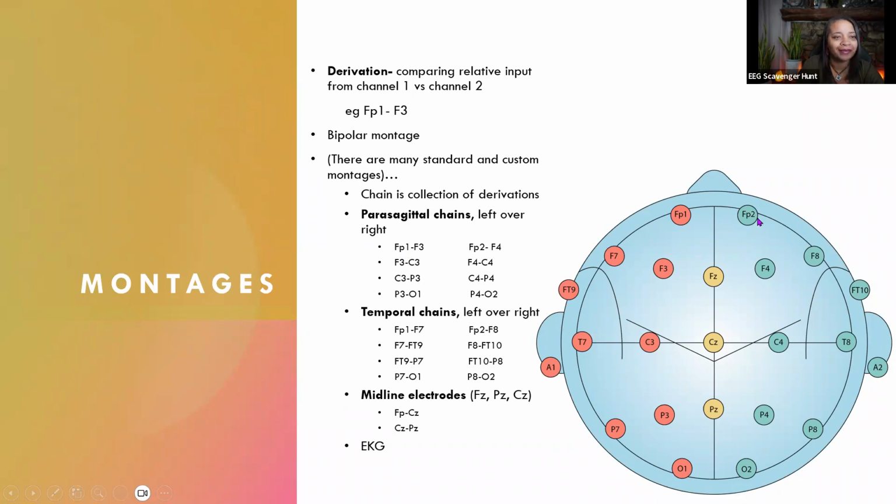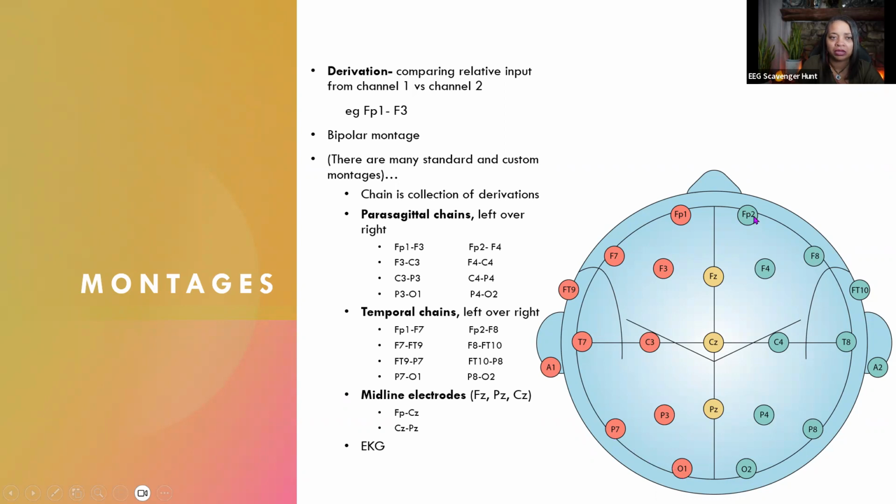And here on the right, you have FP2 compared to F4, F4 compared to C4, C4 compared to P4, and P4 compared to O2. Then you'll have your temporal chains. Your temporal chain, again, left over right: you're going to start off with FP1 compared to F7, F7 compared to, in our lab, FT10, FT10 compared to T7, T7 compared to P7, and P7 compared to O1 on the left.